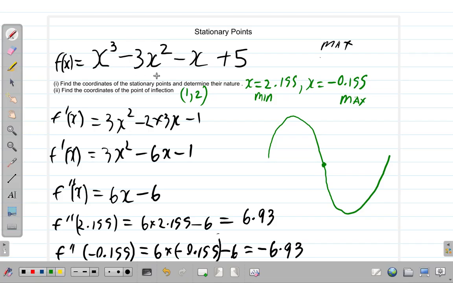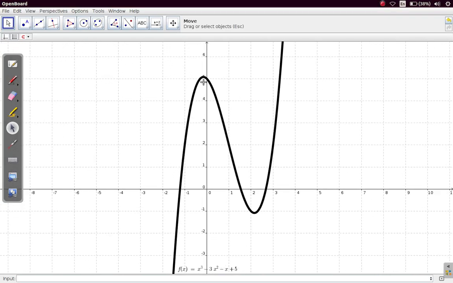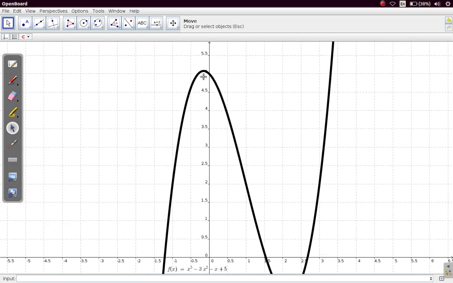We said that one of the stationary points is at negative 0.155 and it's a maximum. Stationary point looks about here. And it's a maximum point. It's on the top of a hill. So it's a maximum point right here.